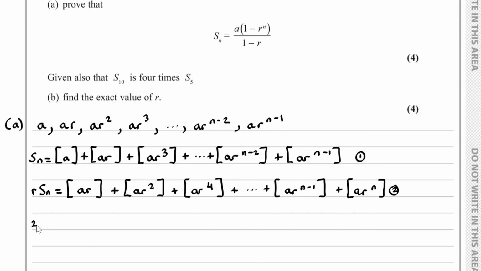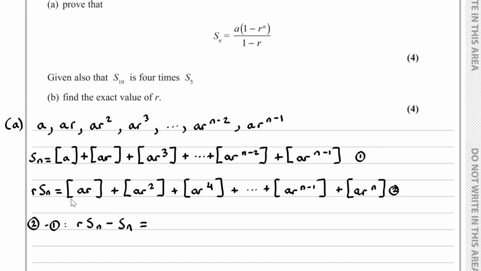So if we do 2 minus 1, we have r times by Sn minus Sn, and this is equal to, well, here we've got ar minus a, and then we've got ar squared minus ar, and then here we've got ar to the 4 minus ar cubed, etc. So you can see these terms match up.